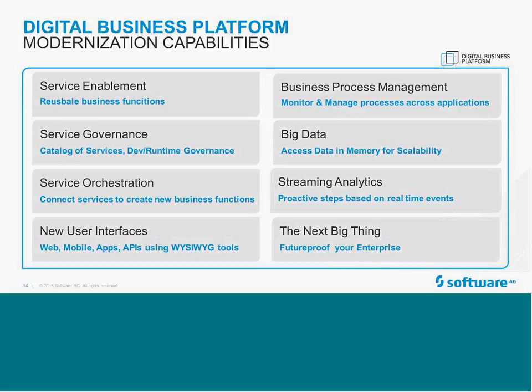What systems do these services touch? What other services are dependent upon them? Runtime governance as well. What are my rules? What are my SLAs? Who can access it? What are the authorization rules? What versions? Those kinds of things. So you have to have that governance capability in there as well.